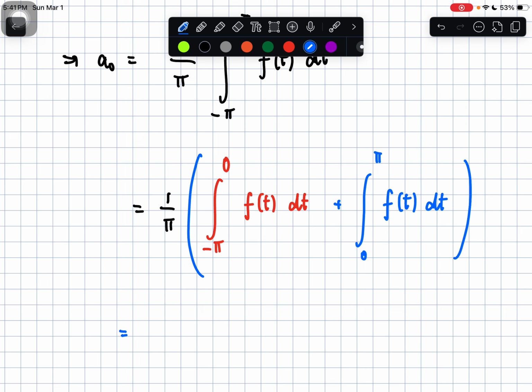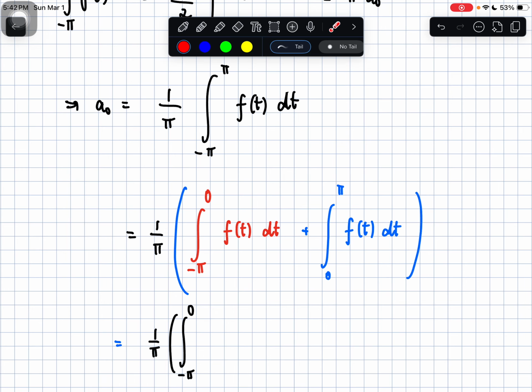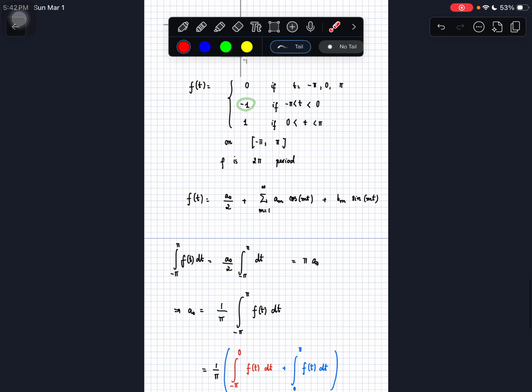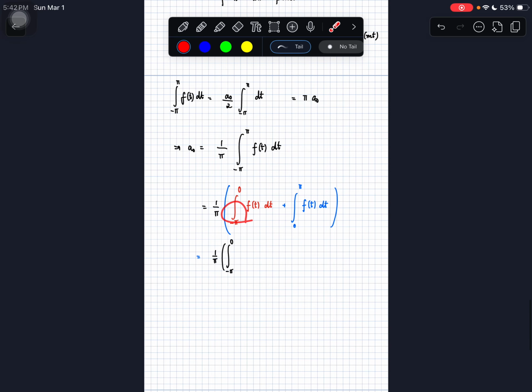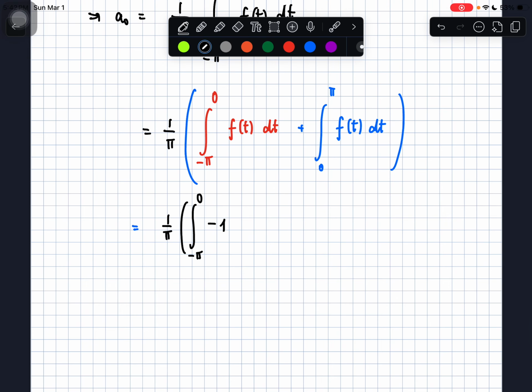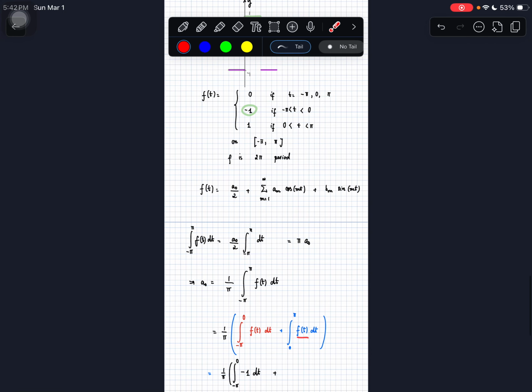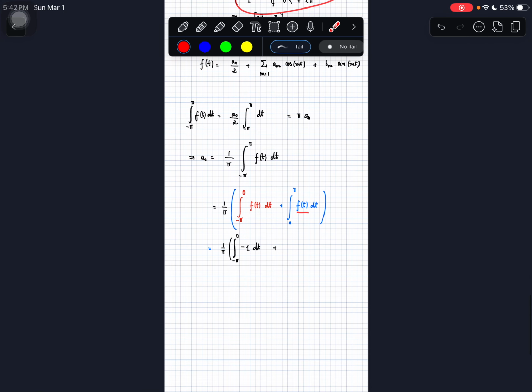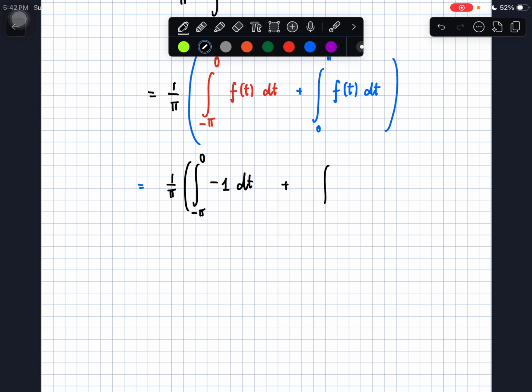So 1 over pi, on minus pi to 0, f(t) equals -1, so -1 times dt. On 0 to pi, f equals 1, so you have the integral from 0 to pi of 1 times dt.